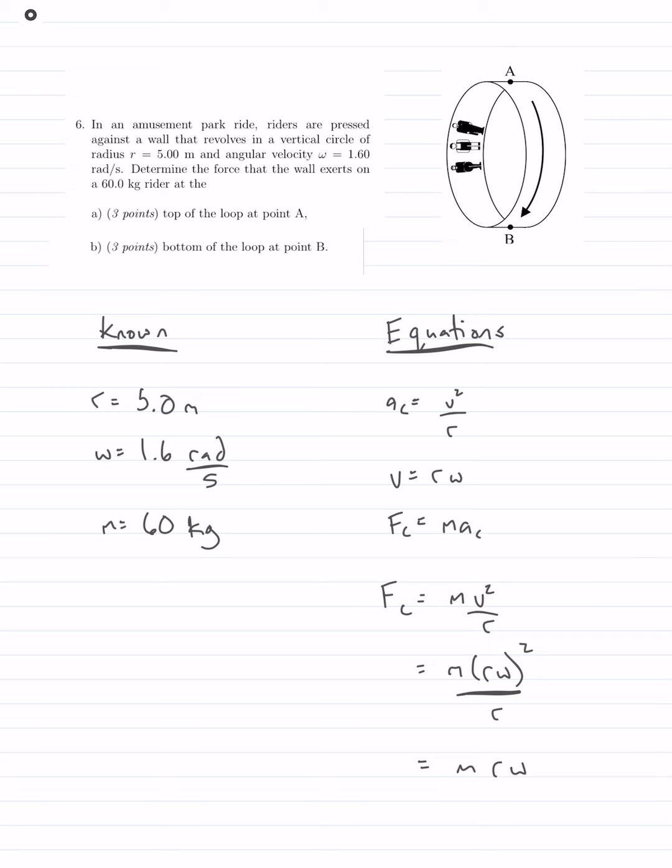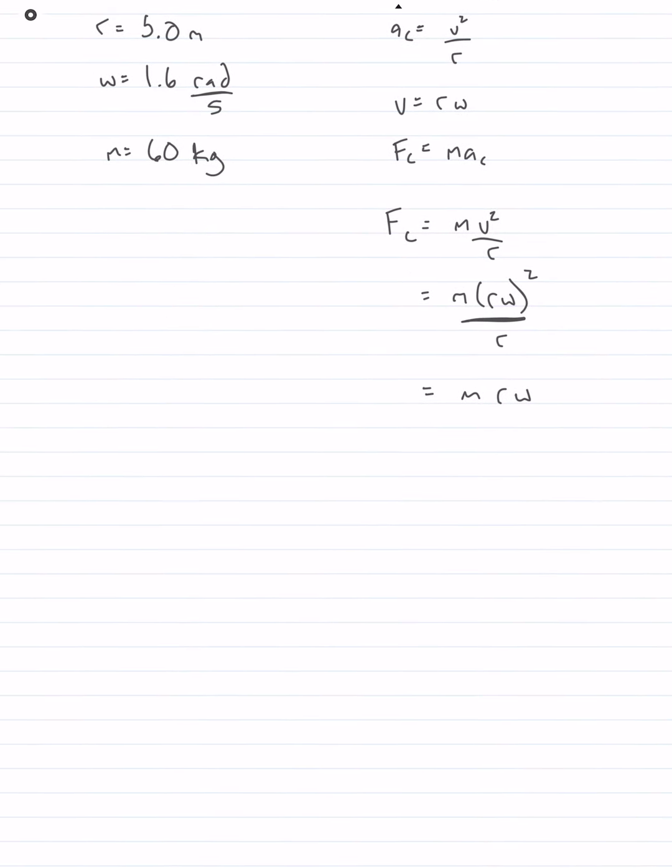There is also the gravitational force, and you can notice at point A the person will be upside down, so that gravitational force would push downward, while at B, the gravitational force would still push downward, but it would push downward onto the loop. So it would be negative at the top and positive at the bottom. We can do that quite simply.